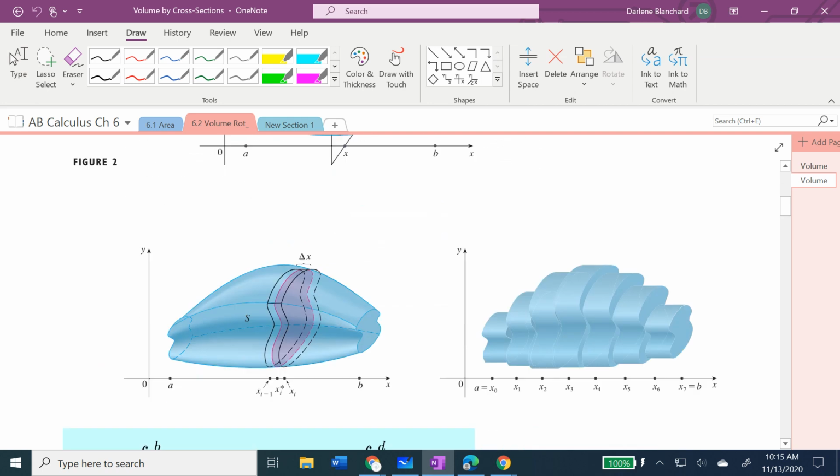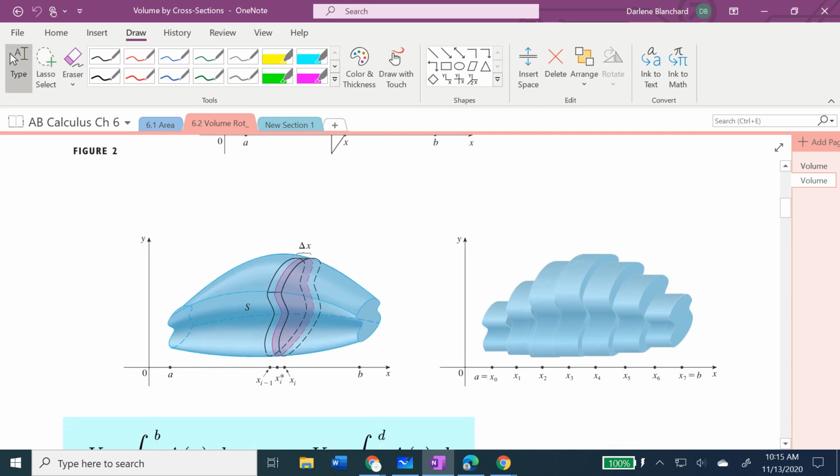And then you see the thickness of the cross section like a loaf of bread. And you can see the idea of adding up a bunch of these little volume slivers. I like to call them slivers of volume because we're cutting the x-axis up into more and more and more pieces. And then we're letting the integral add all of these together.